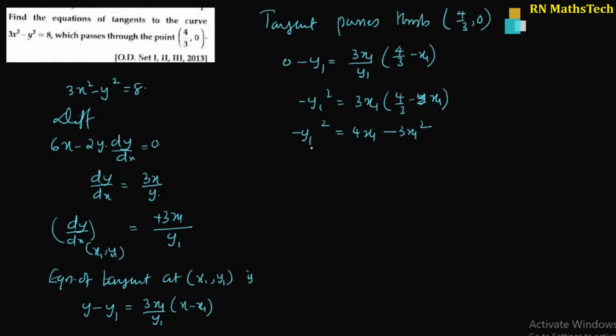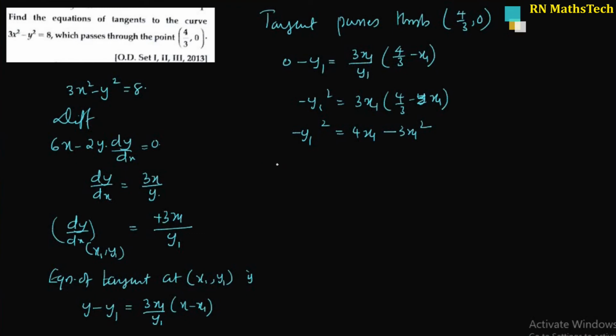Now x1, y1 is a point on the curve, so 3x1 square minus y1 square is equal to 8.